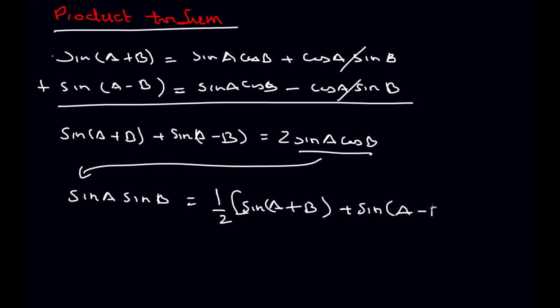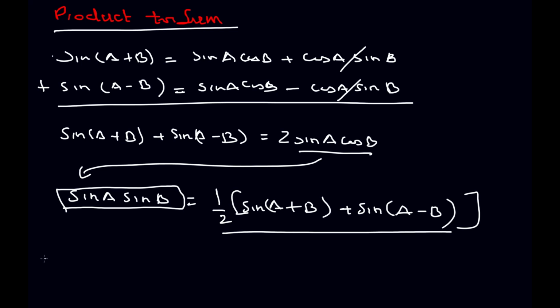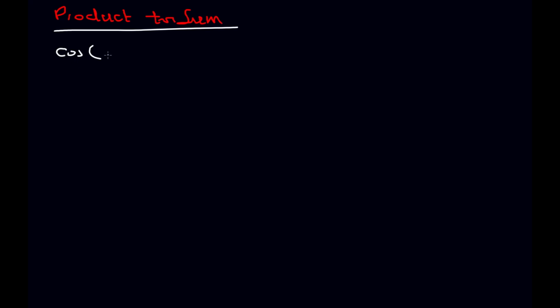of A minus B. Now you're going to see that this is actually a product of sine and cosine functions, and this will be what it gives you, right? A plus B, right?